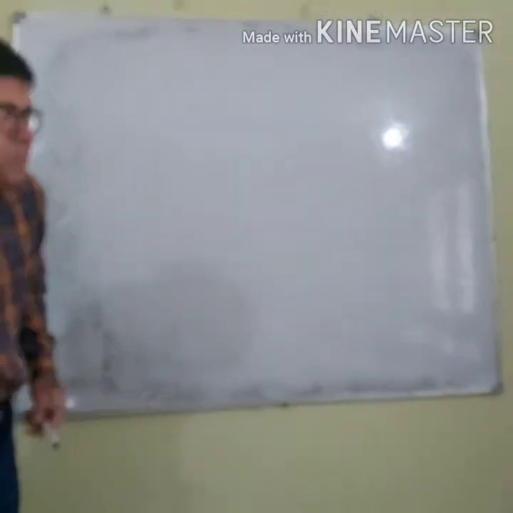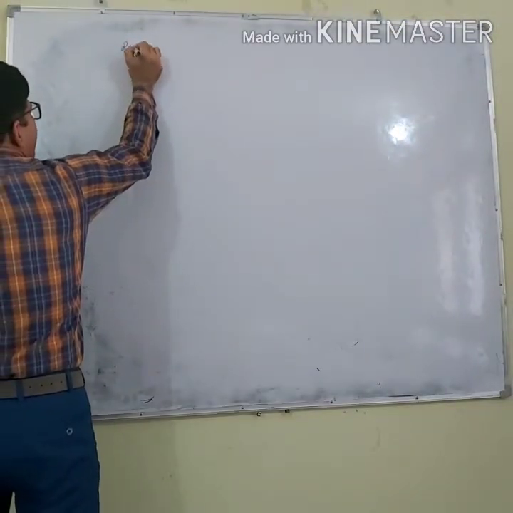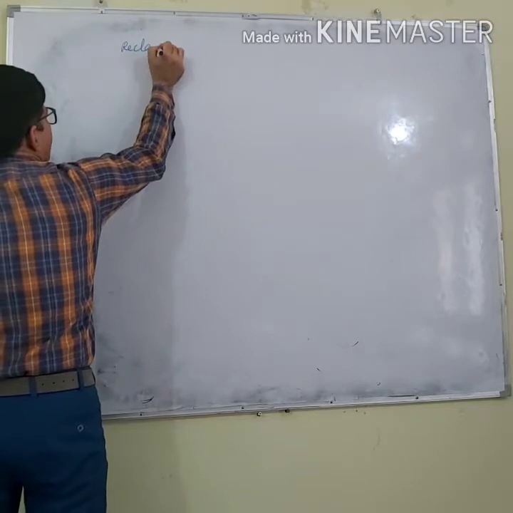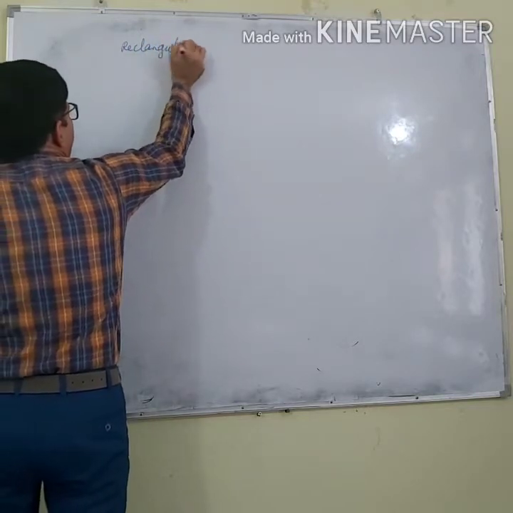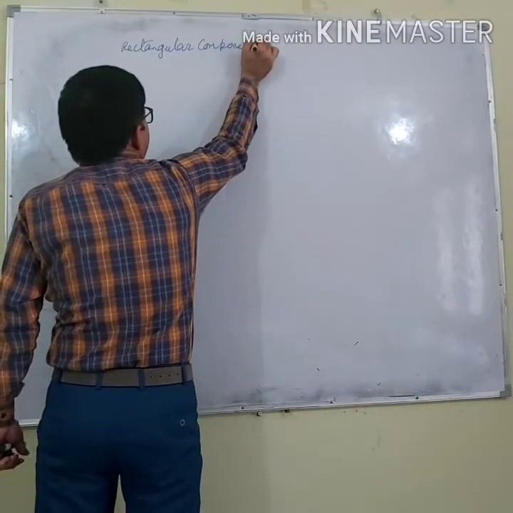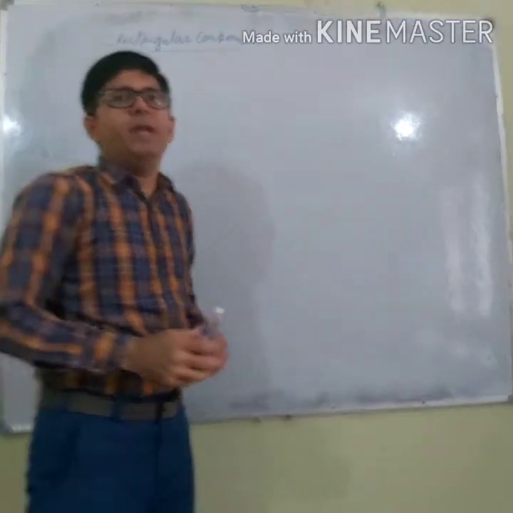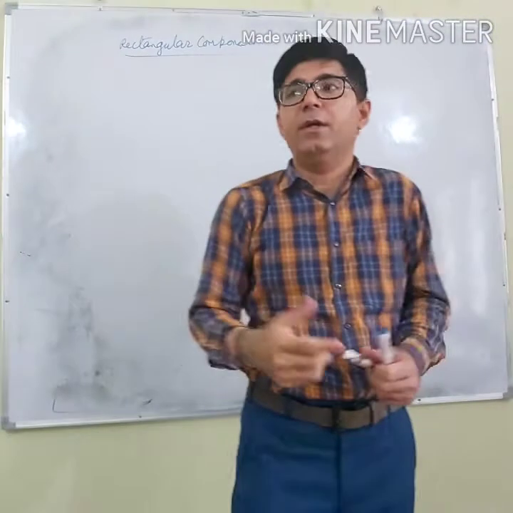Now, rectangular components. What are the rectangular components? What is a rectangle? In which the angle between the sides is 90 degrees.